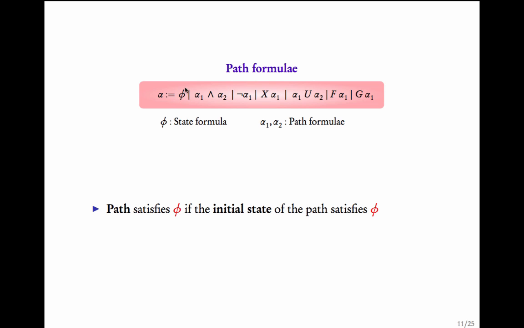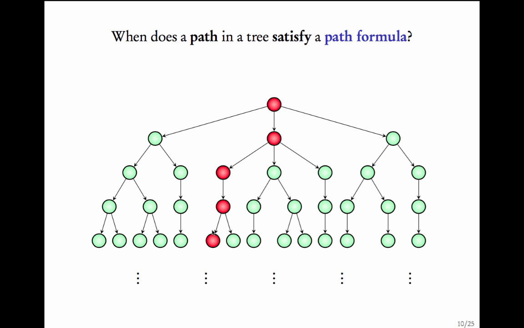Most important is this base case. When does a path satisfy the state formula phi? A path satisfies phi if the initial state of the path satisfies phi. Suppose you have a path starting from this state, say, and you have a state formula P1 and P3.